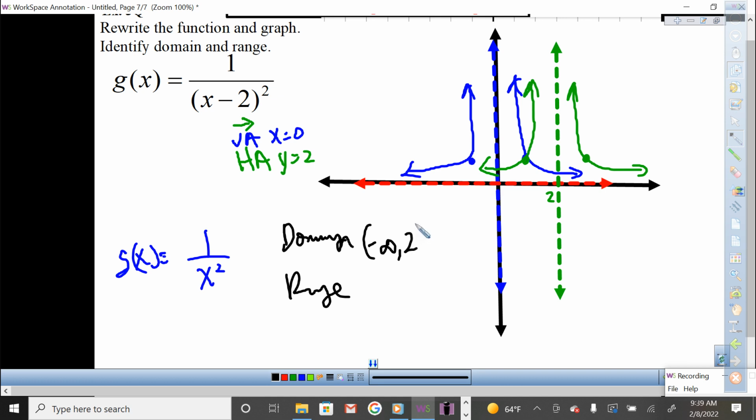Does it include 2? No. And then union, what else? 2 to what? Positive infinity, yes. And range, since our HA is still at 0, that one is still 0 to positive infinity.